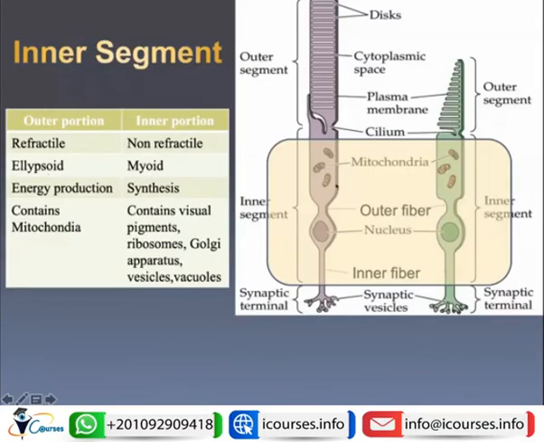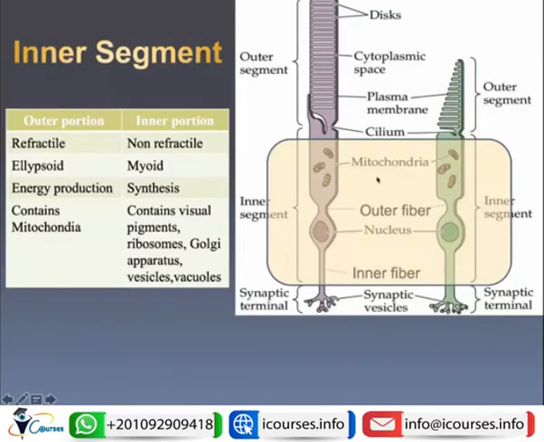The main function of the outer portion is energy production, maintained by the numerous mitochondria present there. The inner portion contains visual pigments, ribosomes, Golgi apparatus, vesicles, and vacuoles. Its main function is synthesis, so it is responsible for synthesis of the visual pigments.